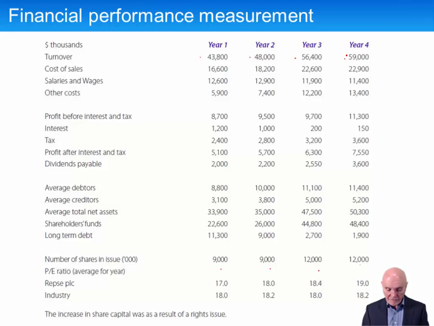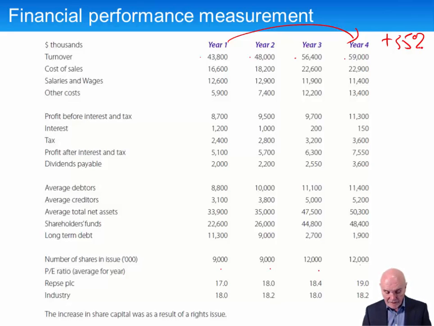But at 59,000 minus 43.8 divided by 43.8, it looks like about a 35% increase in turnover over the 1 to the 3 periods, the four years. So that's pretty good.